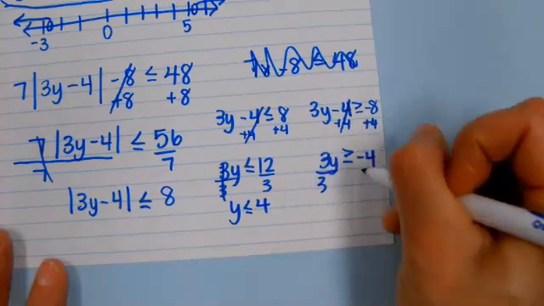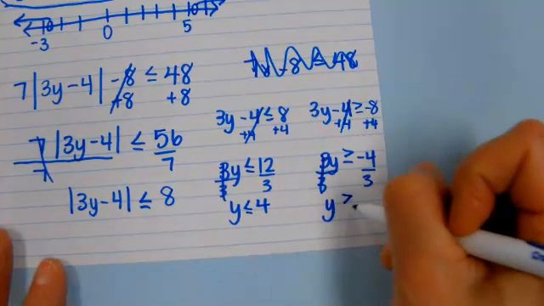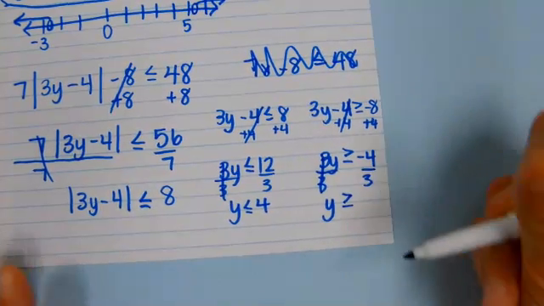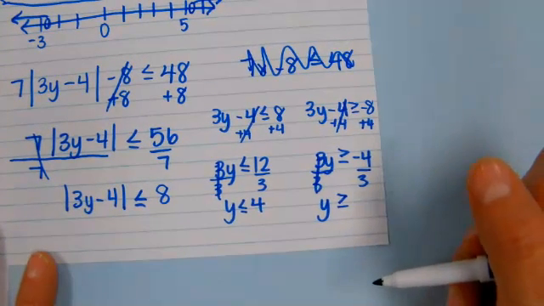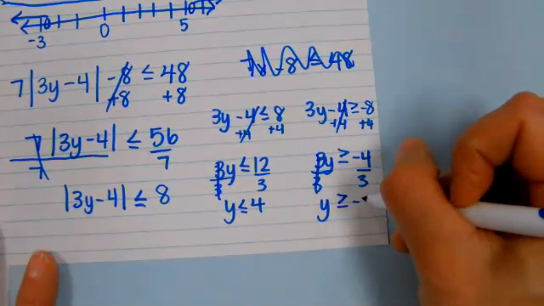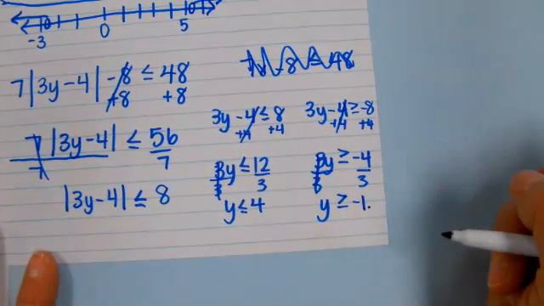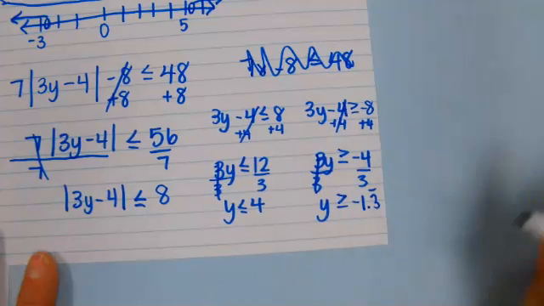What do I get over here? A decimal. Can I leave it? Y is greater than or equal to negative 4/3. You can. Because I might want to graph it, right? Let's do the decimal. What is that going to be? Negative 1 point what? 3 repeating. Yep.